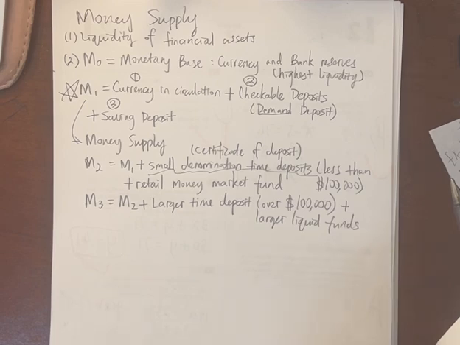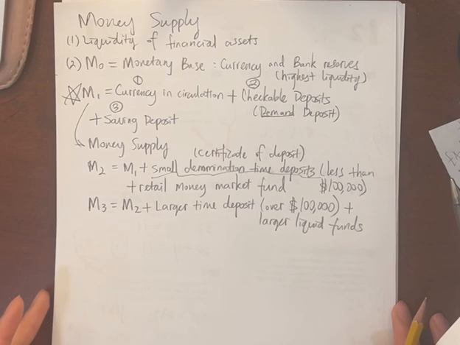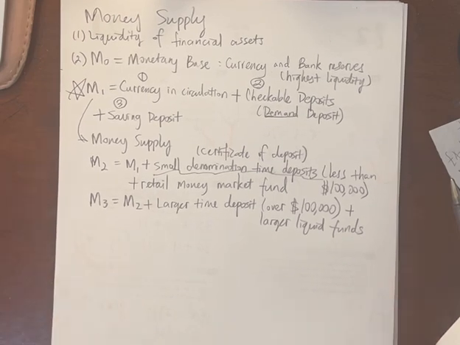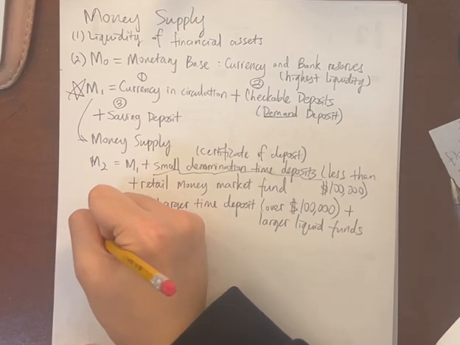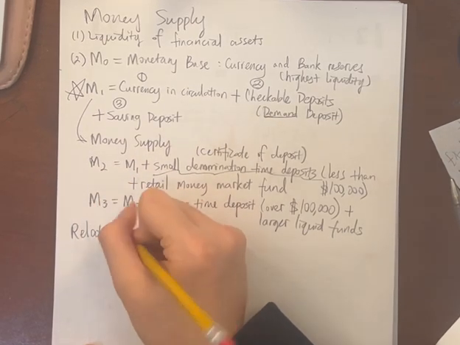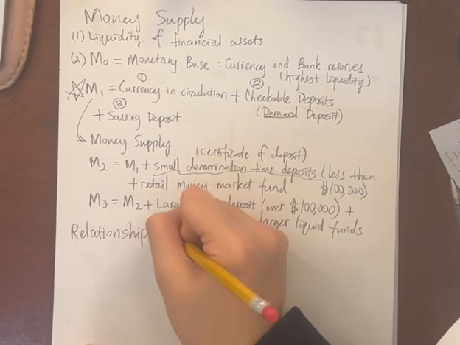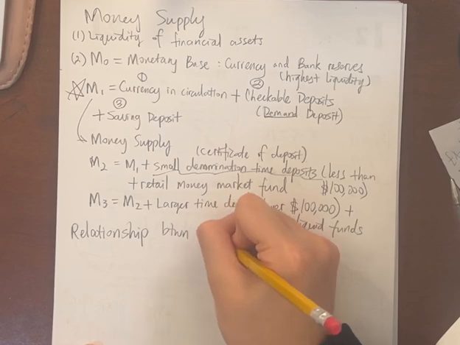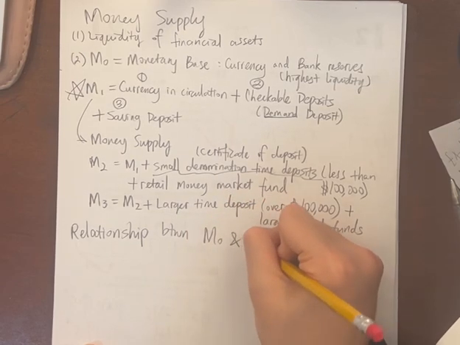And also, you probably will notice that I'm not saying M1 includes M0, so you are probably curious about their relationship. Okay, so we're going to do a bonus round: the relationship between M0 and M1.